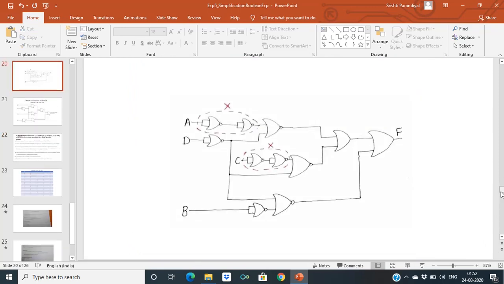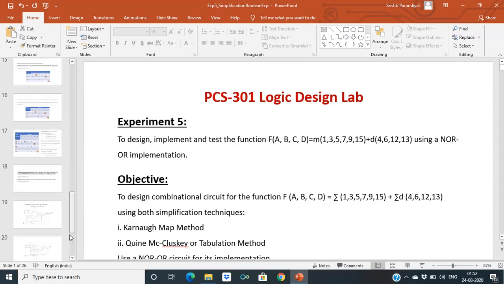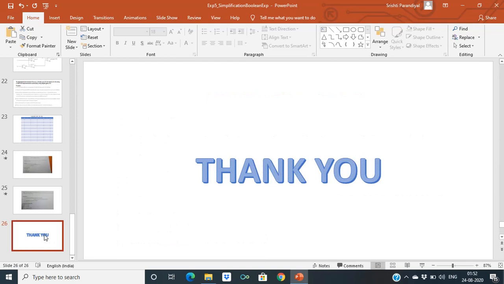We have designed, implemented and tested this function, and we have used both the methods. We have got the same simplified equation with both the methods. So this way we have verified that the simplified expression is correct, and then we have implemented it with NOR and OR ICs. So thank you.